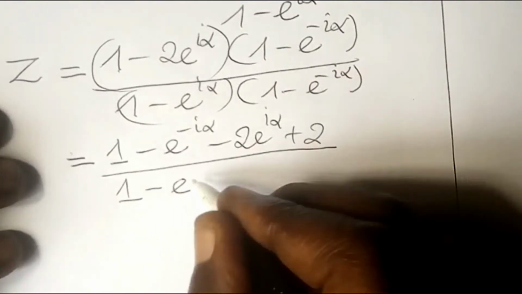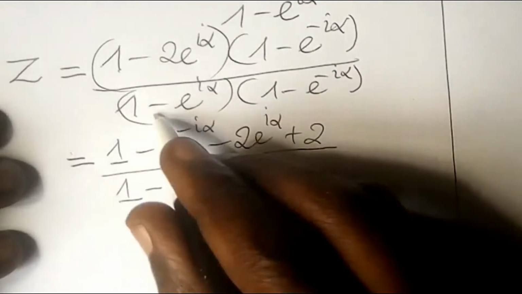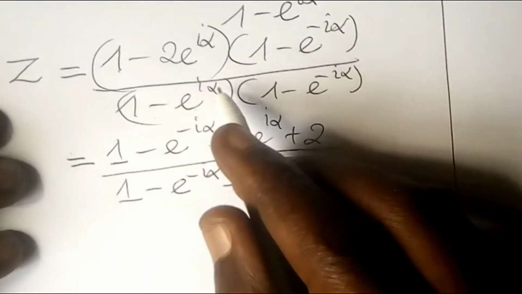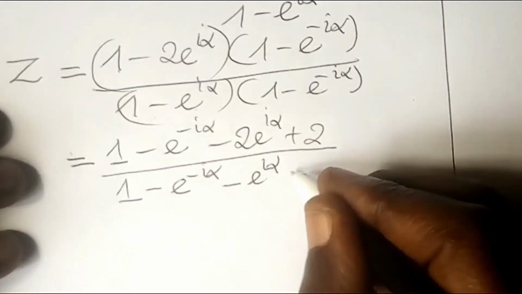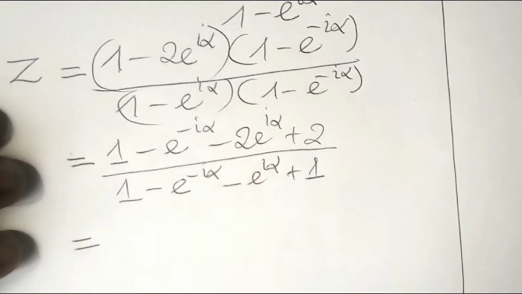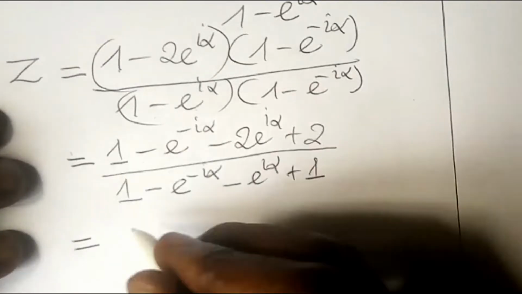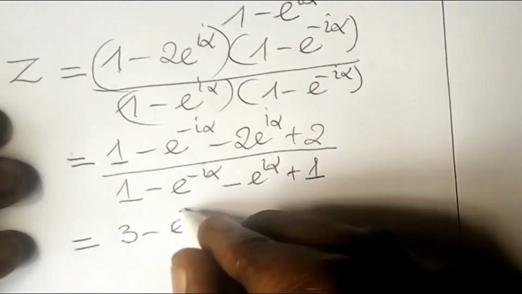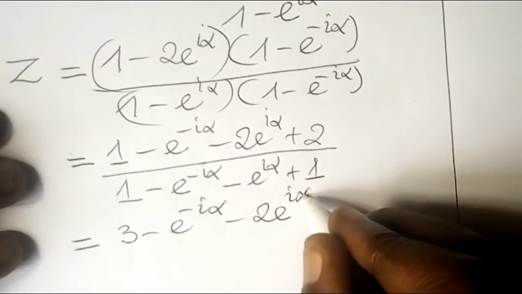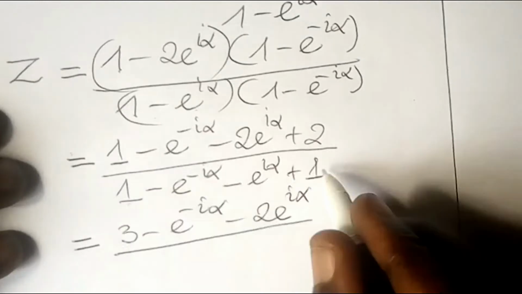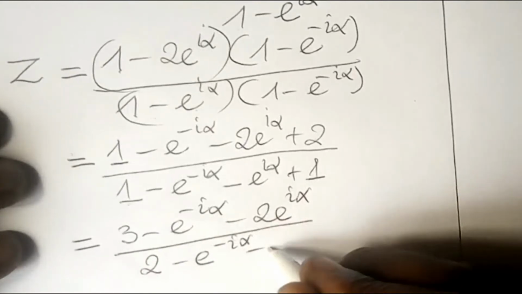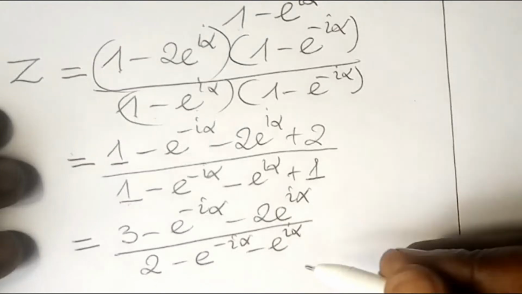We have negative e to the negative i alpha, negative e to the i alpha, and negative e to the i alpha times negative e to the negative i alpha gives positive 1. So we have 1 plus 2, which is 3, minus e to the negative i alpha, minus 2 e to the i alpha, all over 1 plus 1, which is 2, minus e to the negative i alpha, minus e to the i alpha.